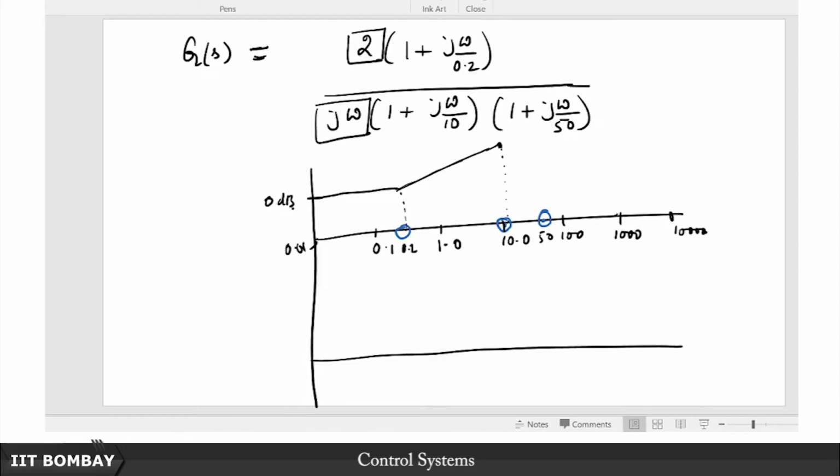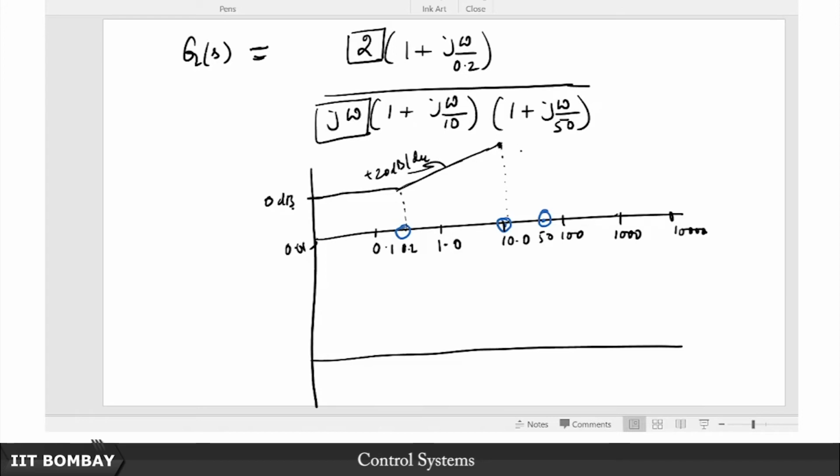If it is a pole, then my slope will decrease by 20 dB per decade. If it is a 0, I mean a simple pole, that is not the complex conjugate, it will again increase by 20 dB per decade. So this is 20 dB per decade, this is 20 dB per decade, now this is plus 20 dB per decade from here.